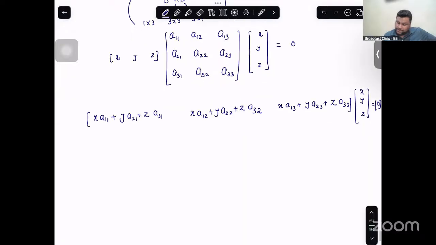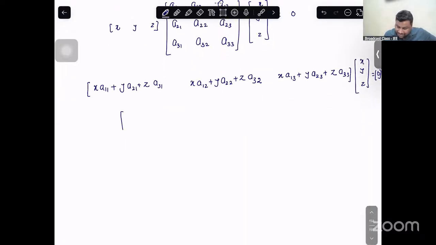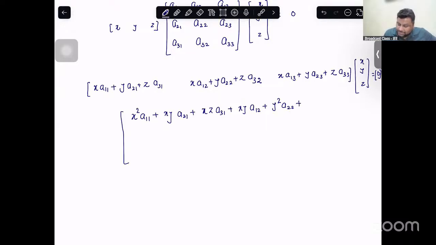Now, multiply it further. So finally, the single element that you are going to get, with one row and one column only, is x square times A11 plus xy times A21 plus xz times A31 plus xy times A12 plus y square times A22 plus yz times A32 plus xz times A13 plus yz times A23 plus z square times A33.